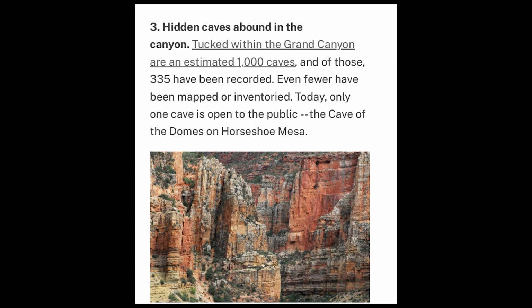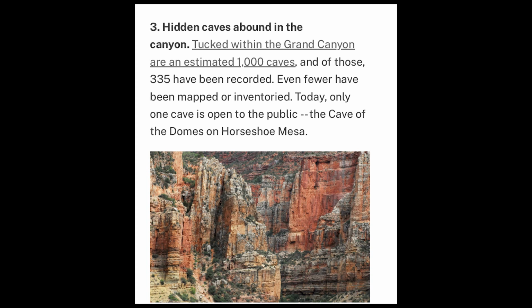All right, next. Hidden caves abound in the canyon. Tucked within the Grand Canyon are an estimated 1,000 caves, and of those, 335 have been recorded out of an estimated 1,000. So they're not completely accurate. Pretty sure it's more than 1,000, but okay, let's go with 1,000. And out of those 1,000, only 335 have been recorded.